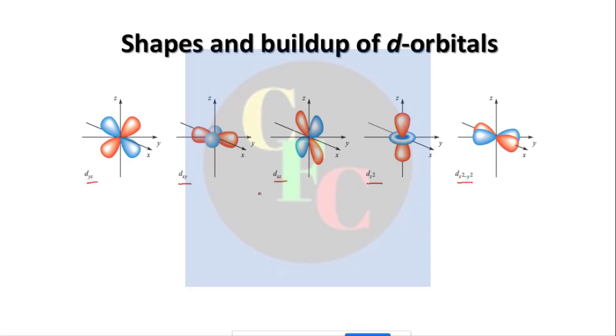Now if you see the first three, they have lobes similar to p orbitals, but there is a subtle difference between p orbitals and d orbitals.